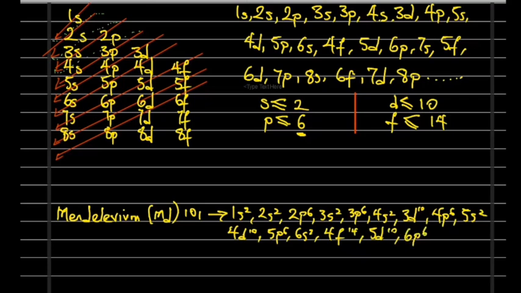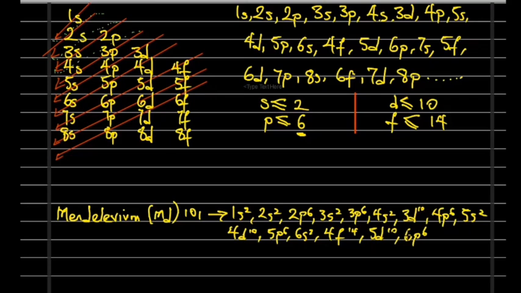The reason why I'm writing it like this is because I know I'm going to 101 for the atomic number of mendelevium, so it's very long. So I will just be putting the highest number of the orbital for now until I'm close to about 100. Then I start counting.